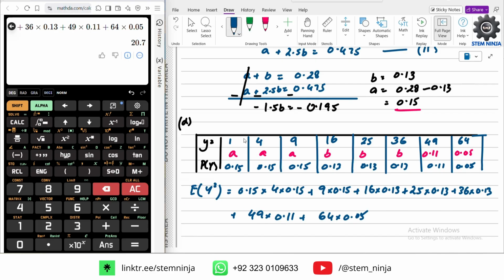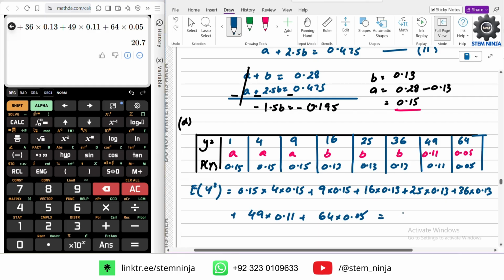So 20.7, and that's what we needed to show.